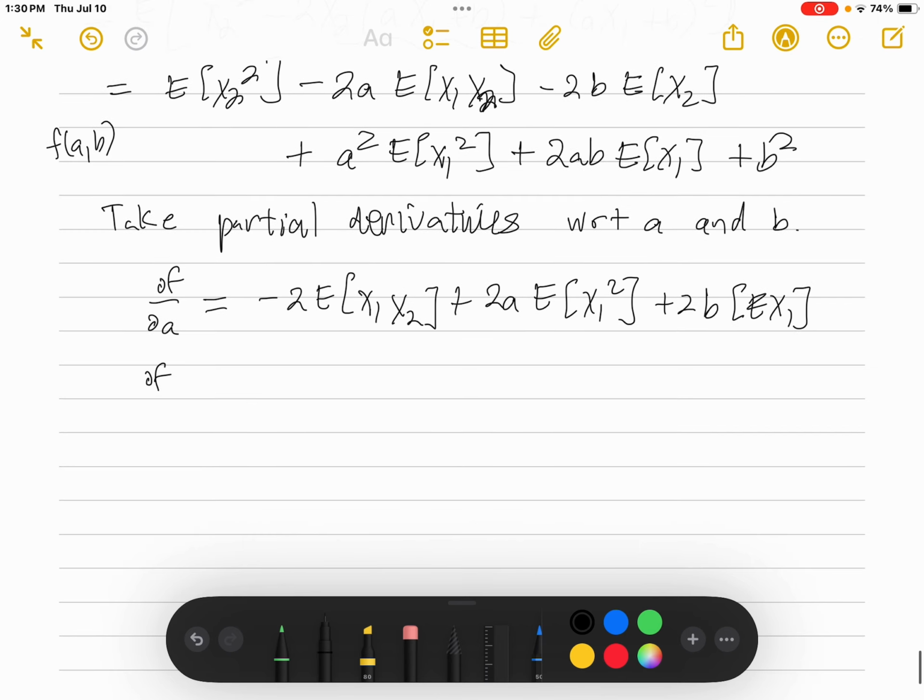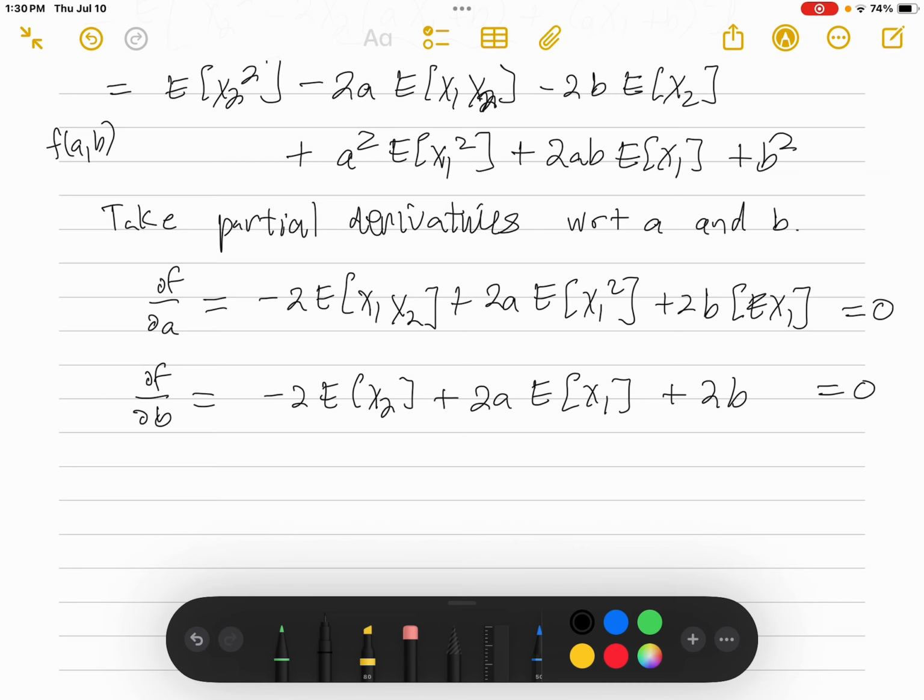If you take the partial derivative of f with respect to b, you get -2 times the expectation of x2 plus 2a times the expectation of x1 plus 2b. We set these equal to 0, and we're solving for a and b.